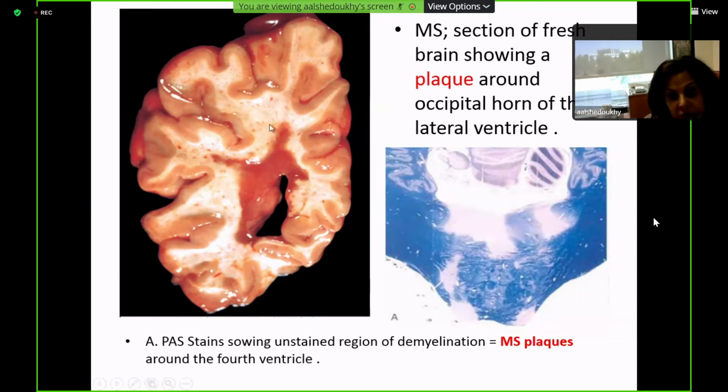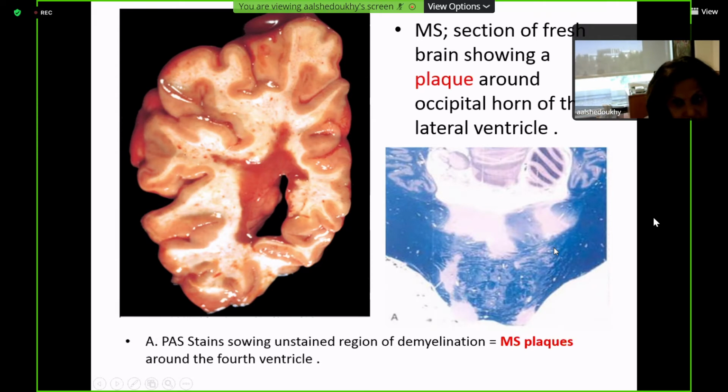And here you can see a blue area all around it and pale plaques. These are areas that have no myelin sheath or a damaged myelination. So these are around the ventricles, the fourth ventricle.